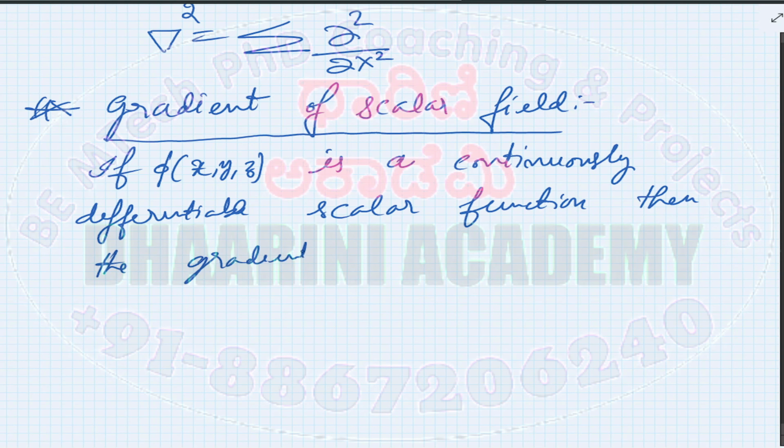This function is called grad of phi or simply grad phi. Okay, so gradient of this function phi is denoted by del phi, or you can read it as the gradient phi. Some of the textbooks will denote this using this notation, grad phi, both are same.